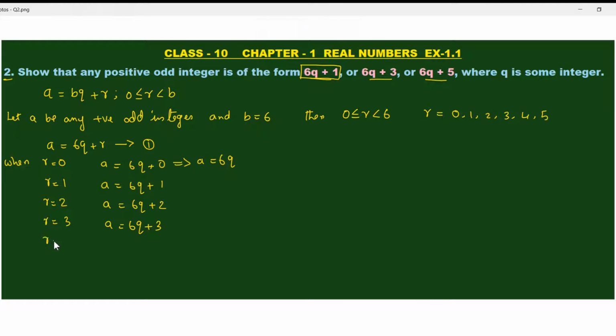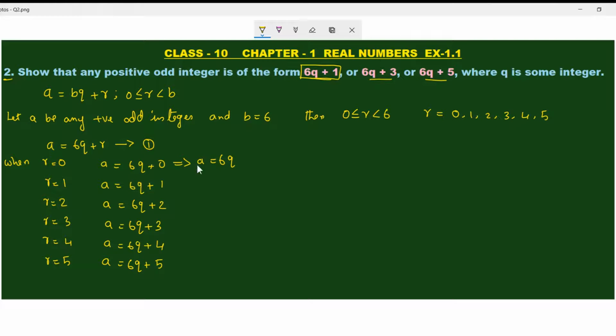When R is equal to 4, A is equal to 6q plus 4. When R is equal to 5, then A is equal to 6q plus 5. Got it? We have substituted all the R values, so we have got 6 equations. Now we have to analyze these equations.